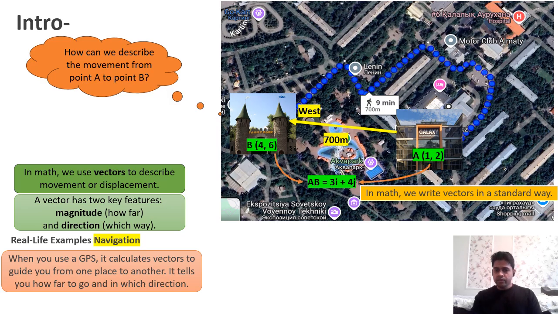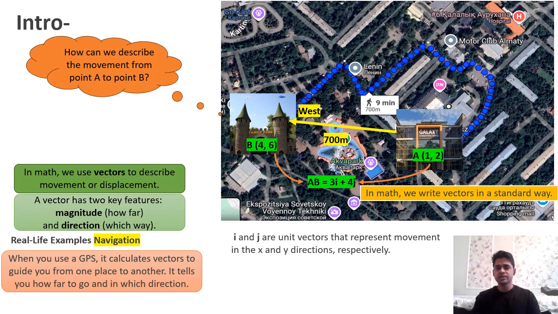This 3i plus 4j is the standard notation of vector AB, where i and j represent movement in the x and y directions respectively. 3 tells us a 3 unit movement in the x direction, and 4 means a 4 unit movement in the y direction.